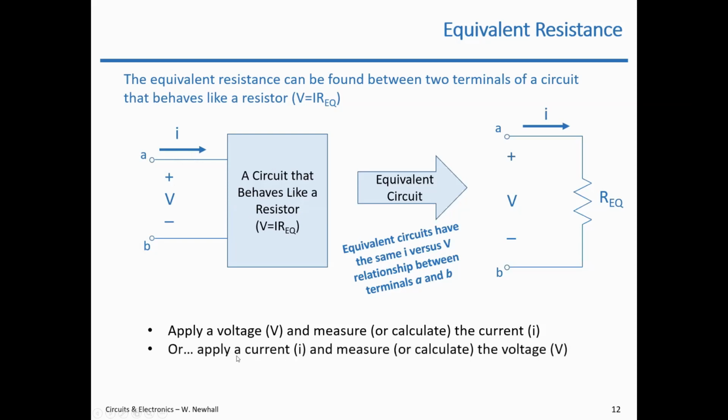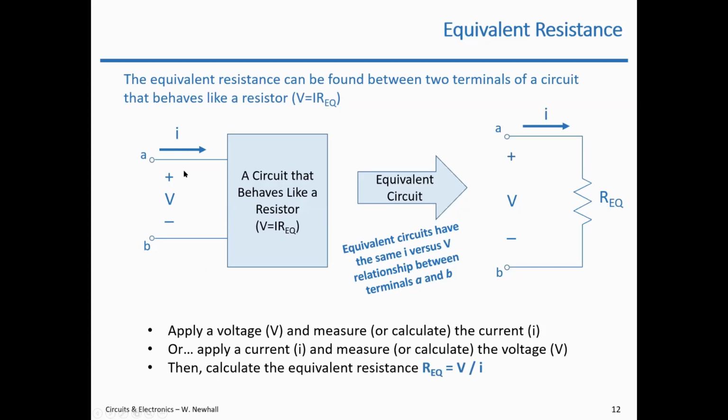Or you can apply a current and measure, calculate, or simulate the voltage. So apply I and measure V. Then the equivalent resistance is V over I. That's just Ohm's law, right?